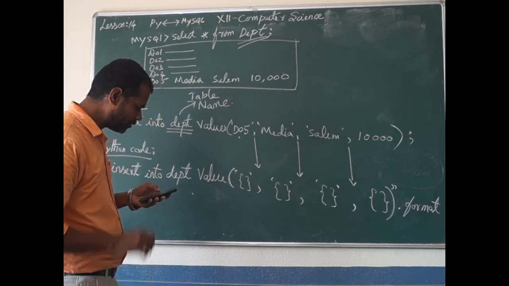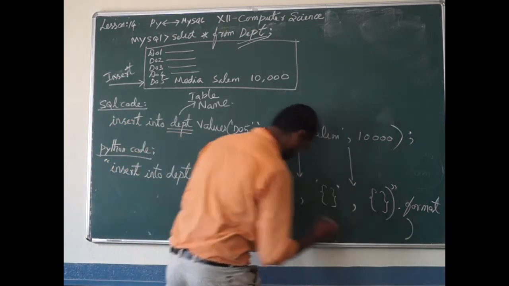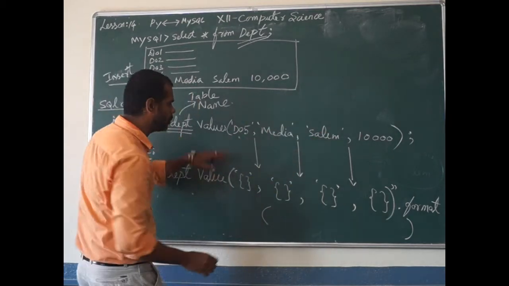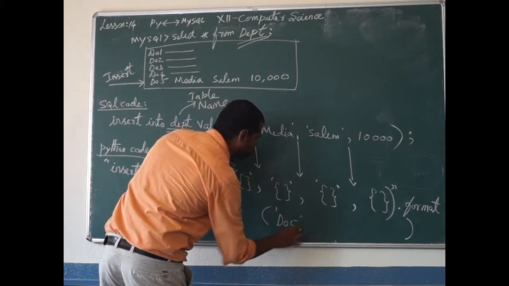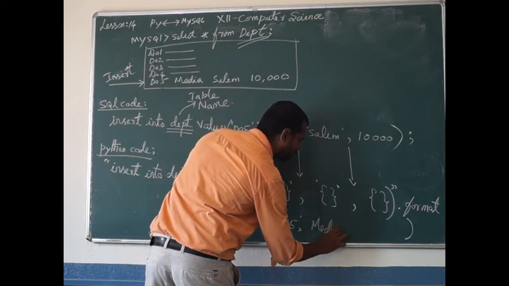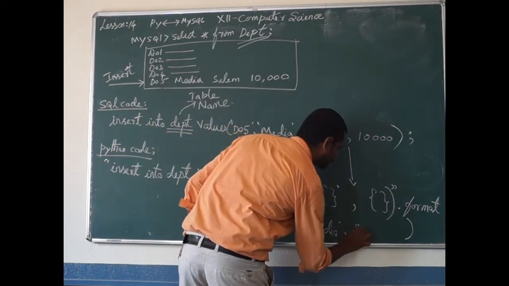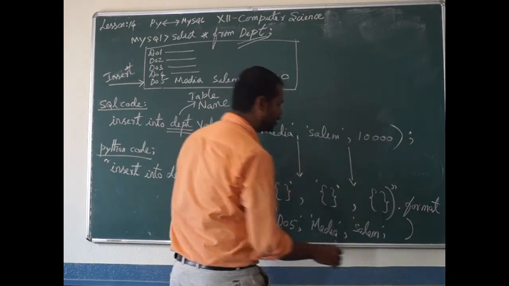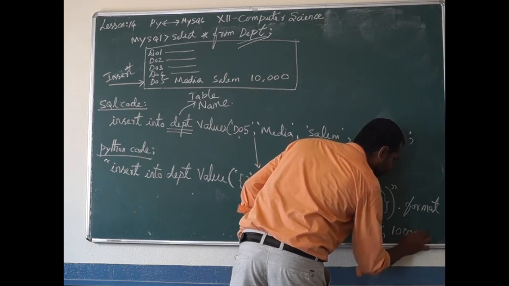After dot format you have to give an open bracket and a close bracket. Inside that you write the same thing, you are going to copy. So D05 in single quotes, comma, media in single quotes, comma, then Salem in single quotes, comma, 10,000, close bracket.